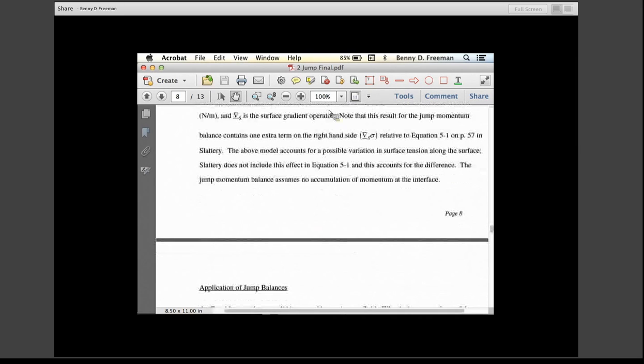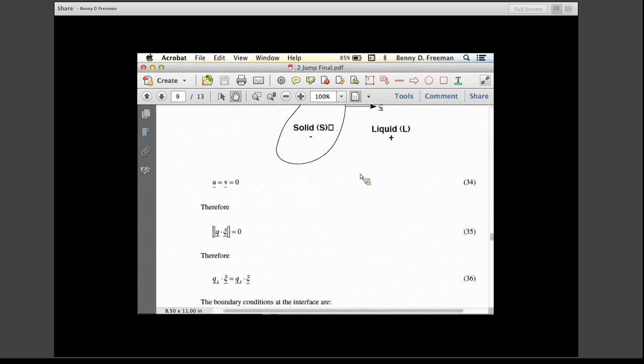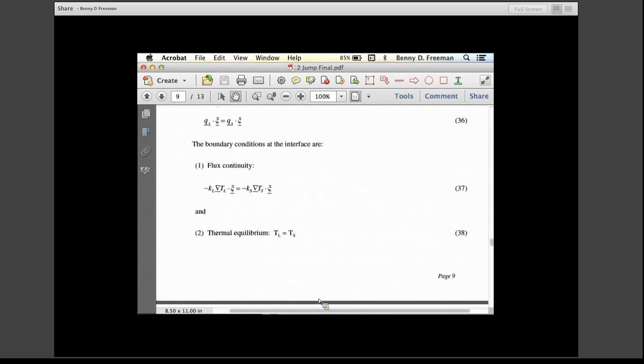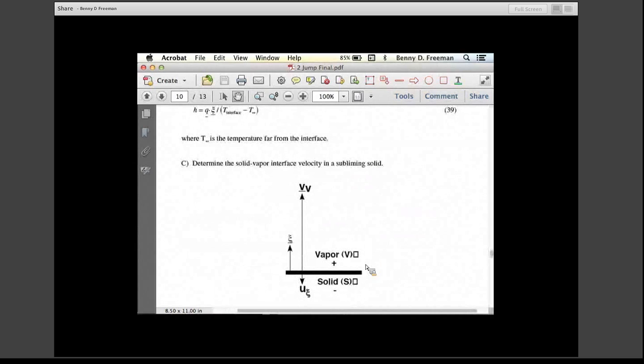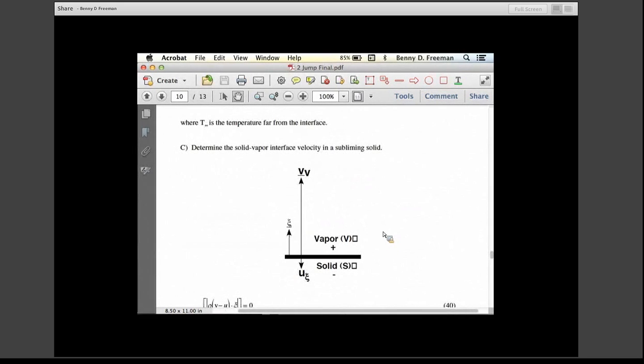And so I'm going to skip down past the example for heat transfer to one which is related, at least conceptually, to the Stefan tube problem, and that is to determine the solid vapor interface velocity in a subliming solid.